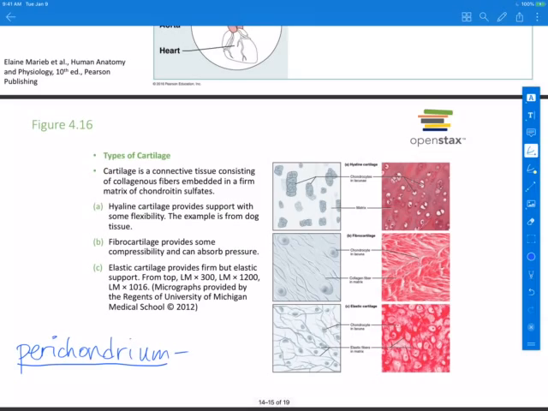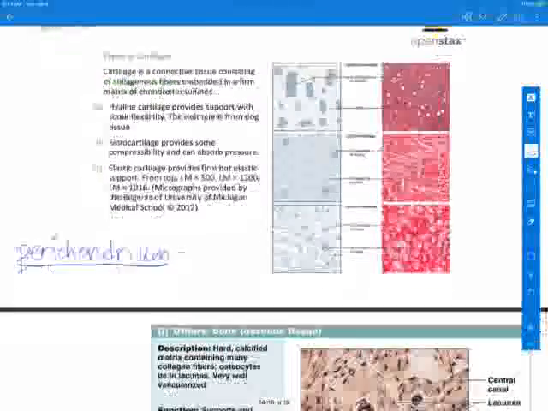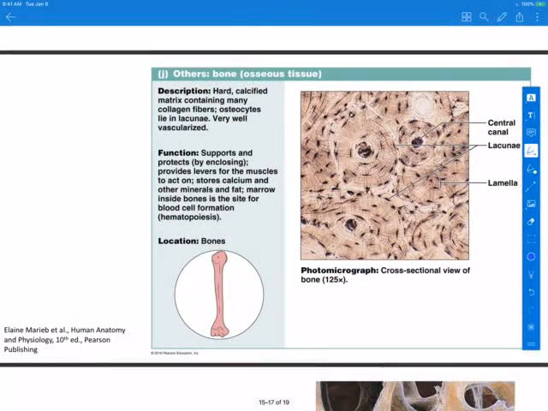Now, when we look at bone, bone has something called a periosteum. And the periosteum is analogous to the perichondrium.